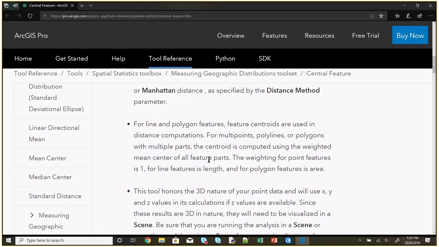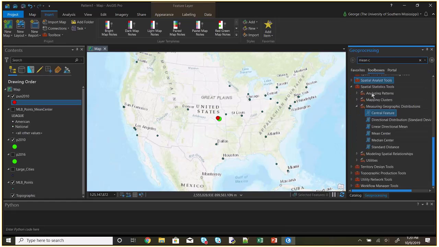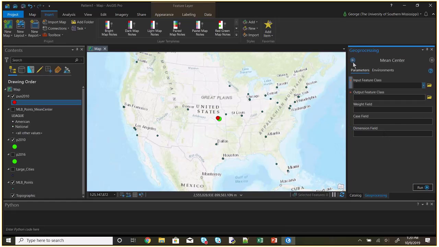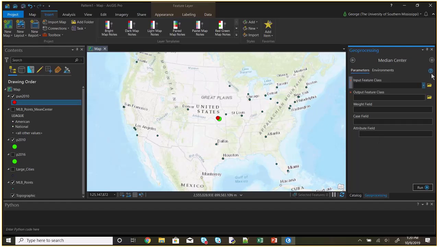Accumulated distance, Euclidean distance, Manhattan distance, or as specified by the distance feature. So it sounds pretty similar, actually, except that you can specify what the difference is.